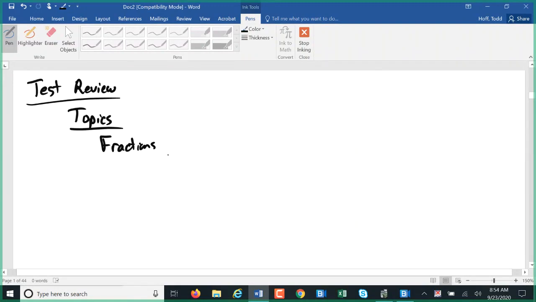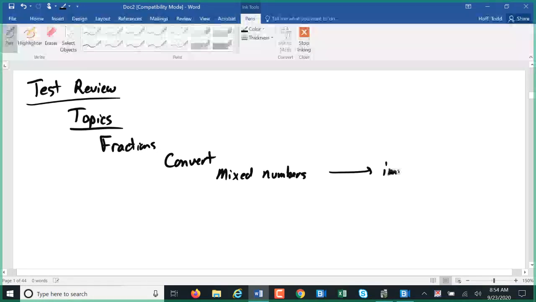You need to be able to convert mixed numbers to improper fractions, and the other way around, improper fractions back to mixed numbers.